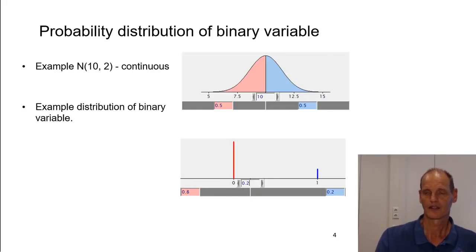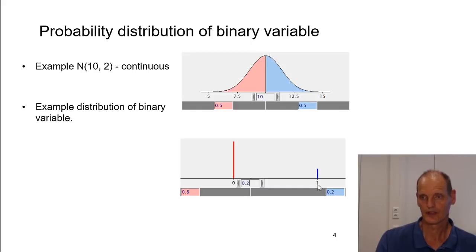Let's say that 1 means an animal is infected, and that 0 means an animal is not infected. As you can see, the probability of 0 is 0.8 and the probability of 1 is 0.2.